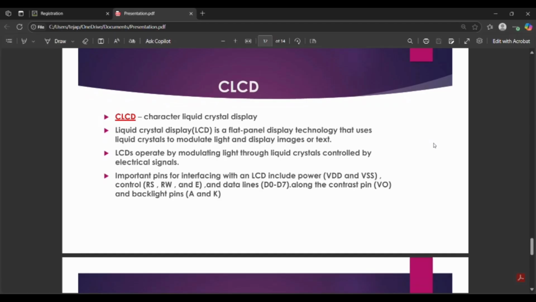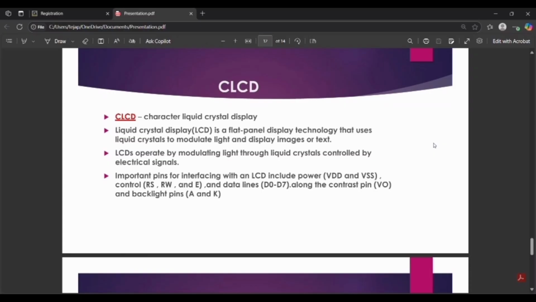Here is the next slide. CLCD means character liquid crystal display. It is used to display characters. A liquid crystal display is a flat panel display technology that uses liquid crystals to modulate light and display images or text.